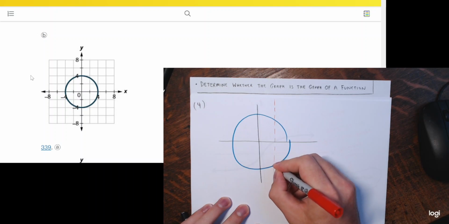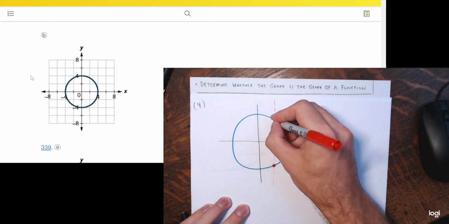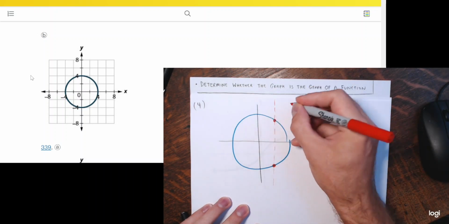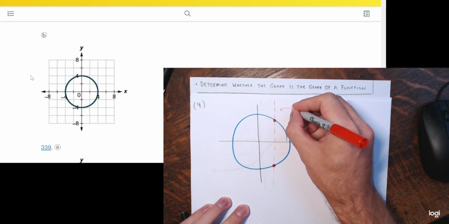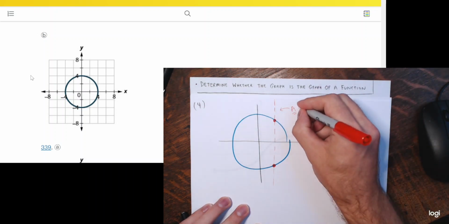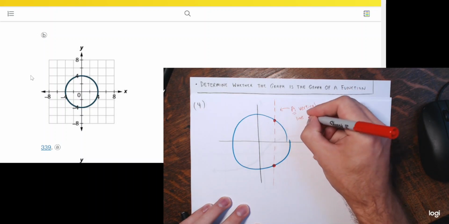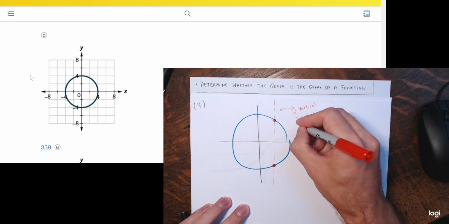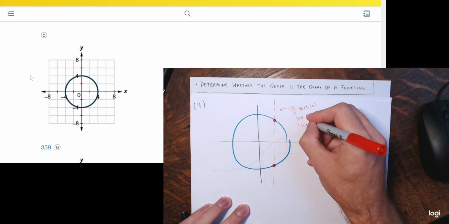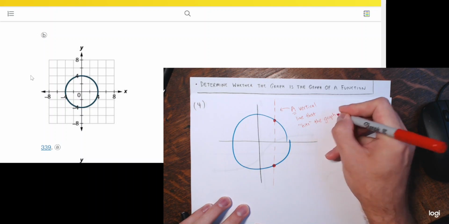There's a vertical line straight up and down that hits the graph once, hits the graph twice. So here's one, and that's all you need to find, is a single one. There's a vertical line that hits the graph, or intersects the graph, more than once.